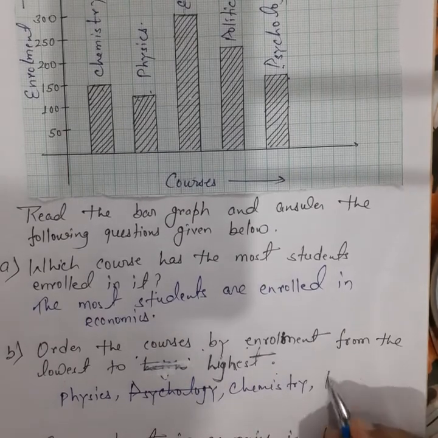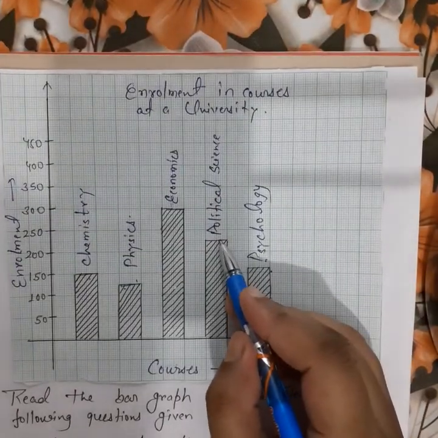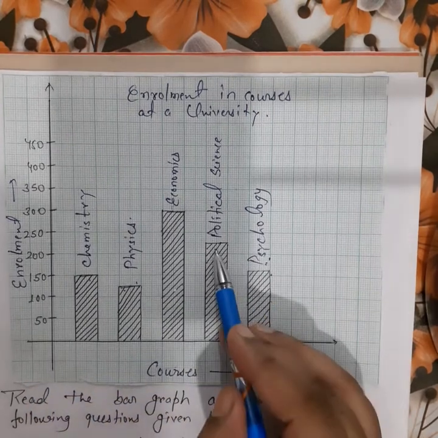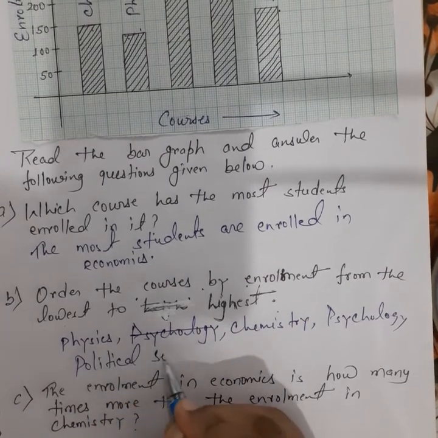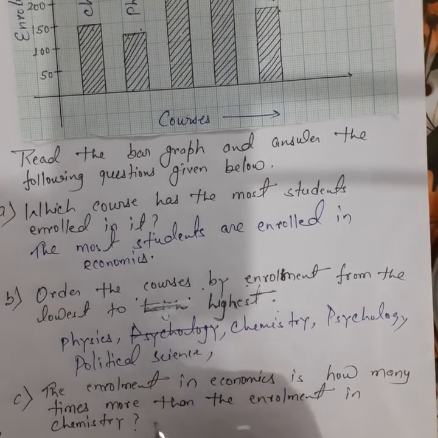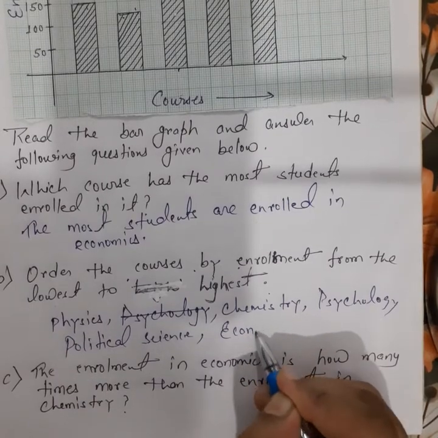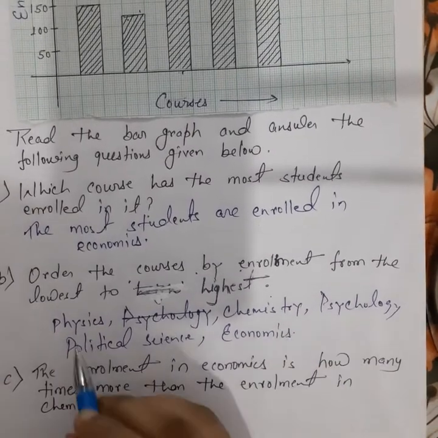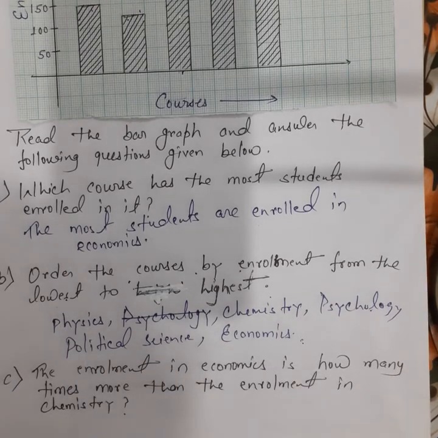After chemistry, psychology. And after psychology, which subject comes? Political science. And the subject which has maximum enrollment is economics. So in this way we arrange the courses from lowest to highest order.